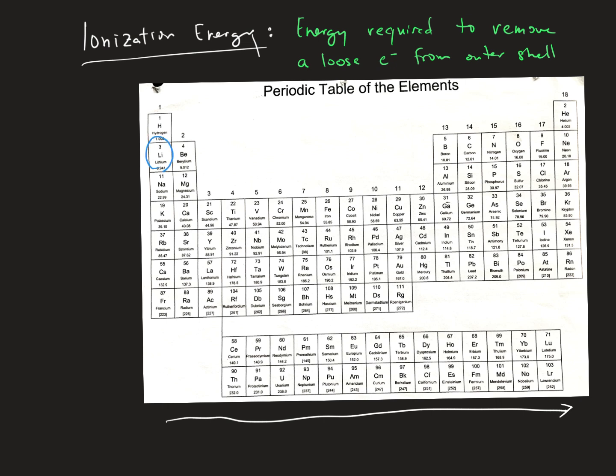Let's just look at lithium and fluorine, for example. Which one takes more energy to remove an electron? Think about what you already know. It would be fluorine, because it has 7 valence electrons, so it wants to take one. It doesn't want to get rid of one, because then it'll be less balanced, right?